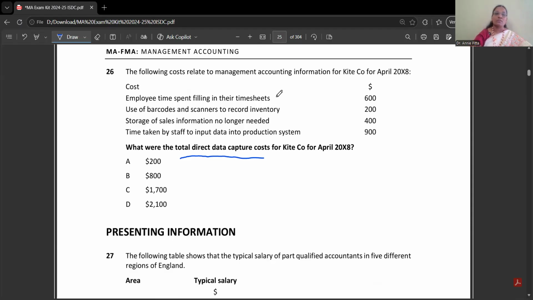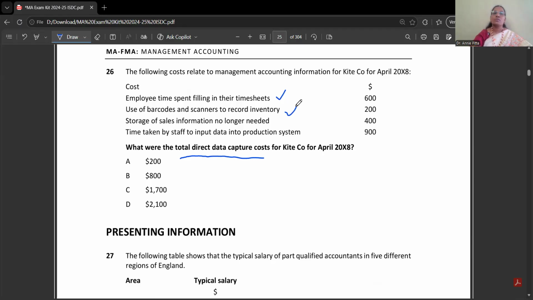See, this is a direct cost. The data that is filled in the timesheets, and the employee who's paid some cost, is 600. That will be the use of barcodes and scanners to record inventory also. We are talking about accounting for the data, or entering the data. Okay, so direct data capture cost.